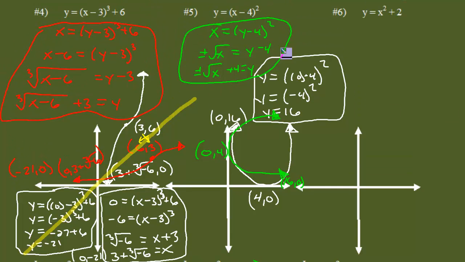And back for number 6 here. Graphing this function. It's a parabola. This plus 2 translates it up 2. It's fairly simple.